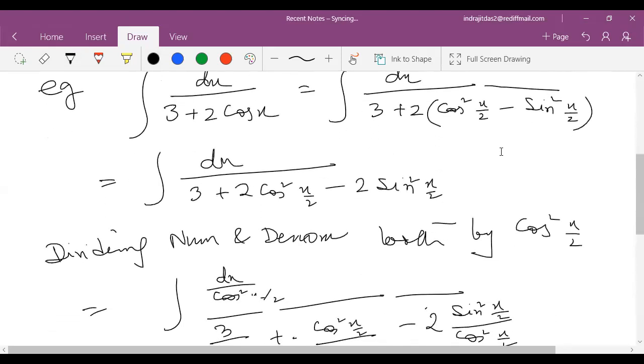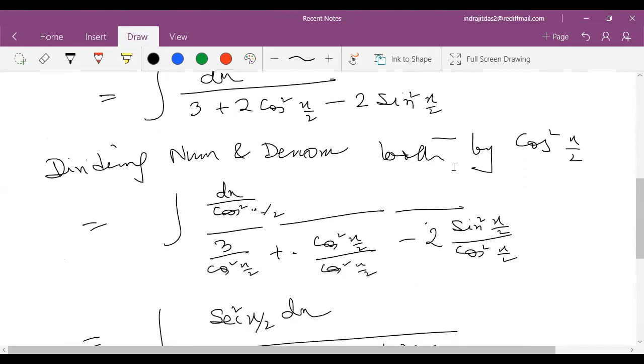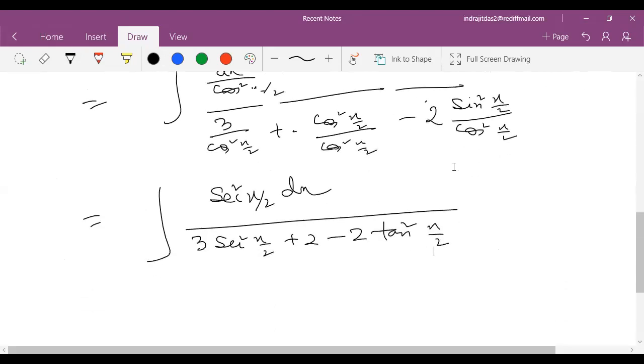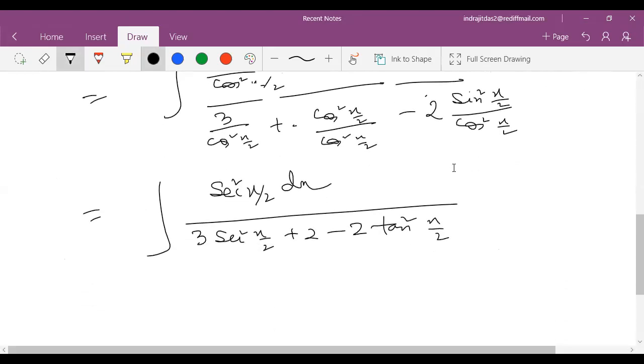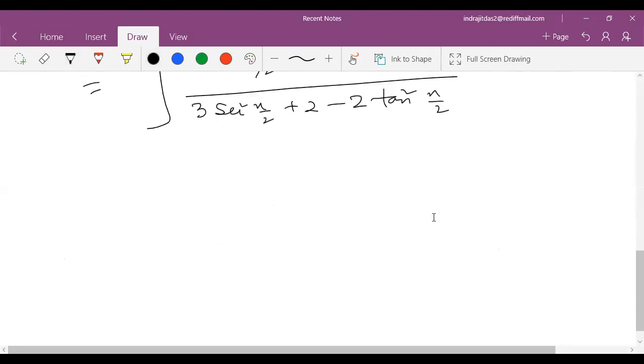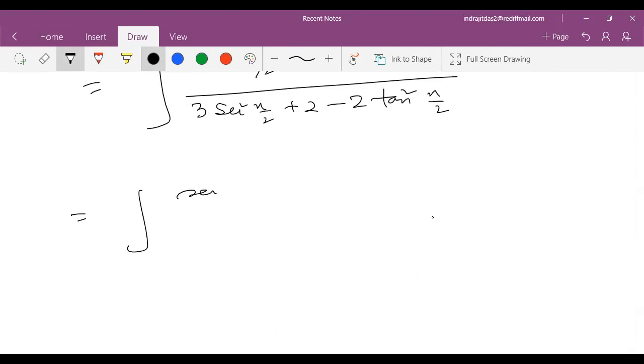Proceeding with the simplification, and then dividing numerator and denominator by cos square x by 2, we get sec square x by 2 dx in the numerator, and the denominator is 3 sec square x by 2 plus 2 minus 2 tan square x by 2. Now write sec square x by 2 in the denominator. The numerator will be as it is, sec square x by 2 dx.